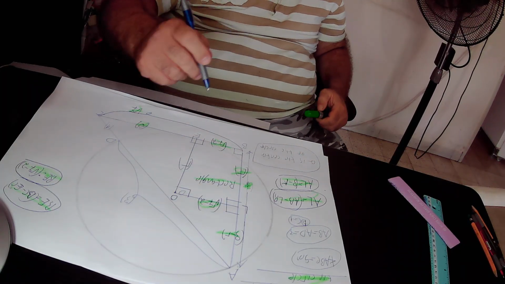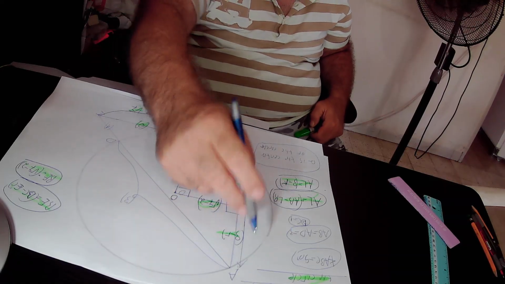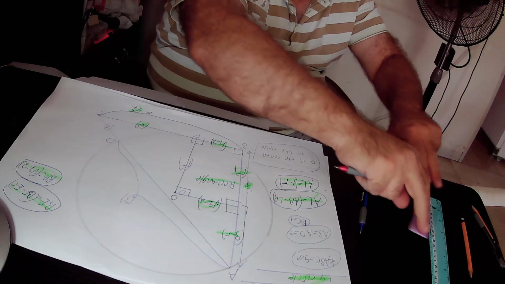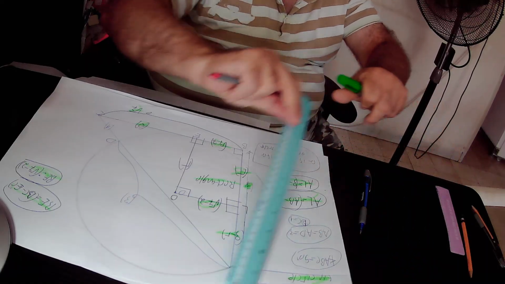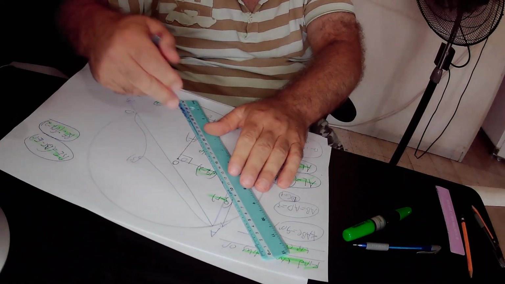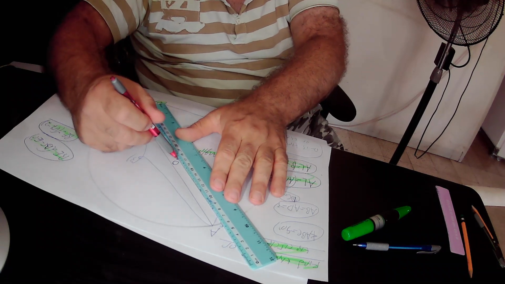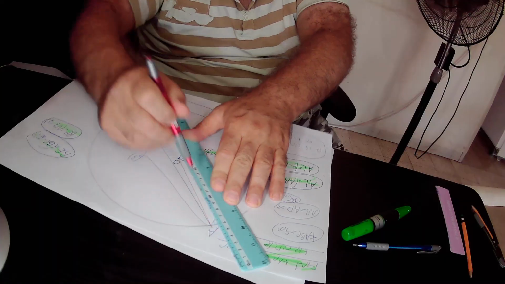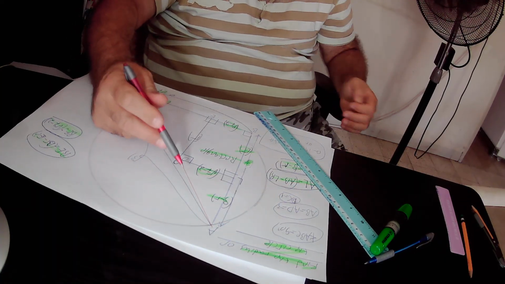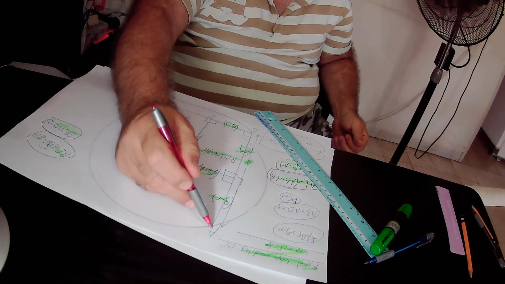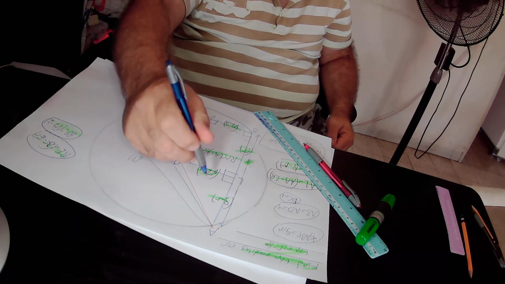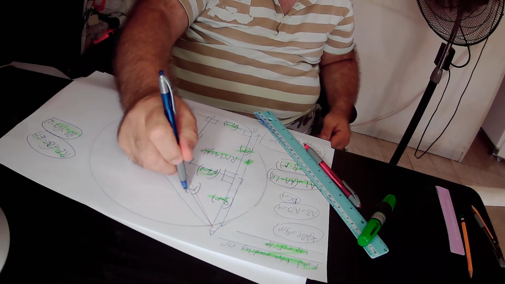In the next step, we will join points O and A together by a straight line. Point O is the center of this circle, point A is a point on the circle itself, therefore OA is the radius of this circle. This is equal to R according to our definition.